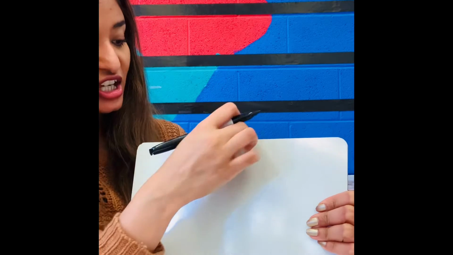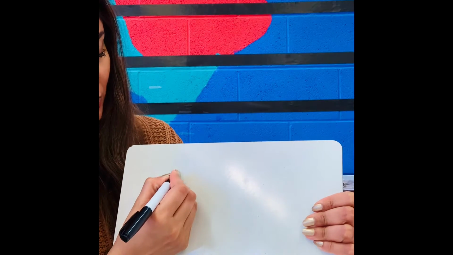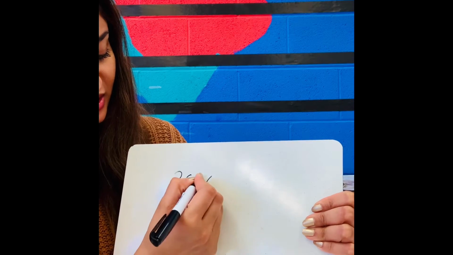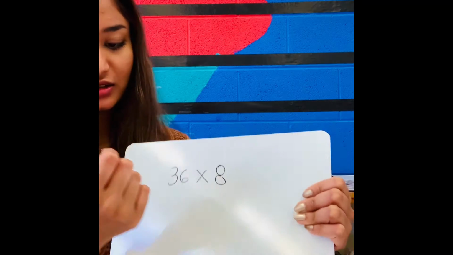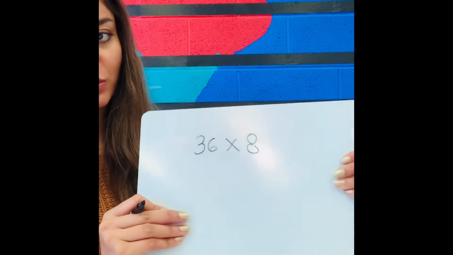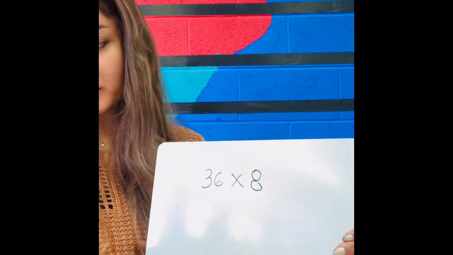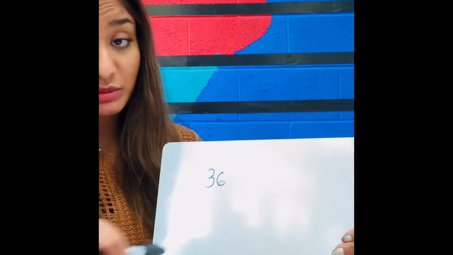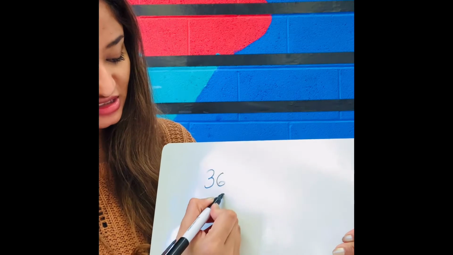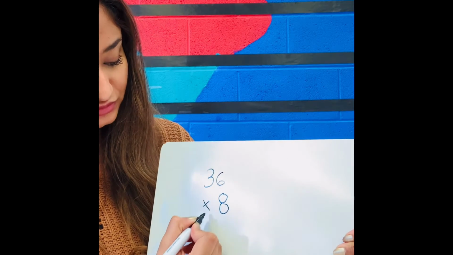So 36 times 8. So again, they have given it to us this way, 36 times 8, right? We go ahead and we stack up our numbers, right? So I'm going to erase this, or you can keep it this way, and you can just stack up your numbers like this.